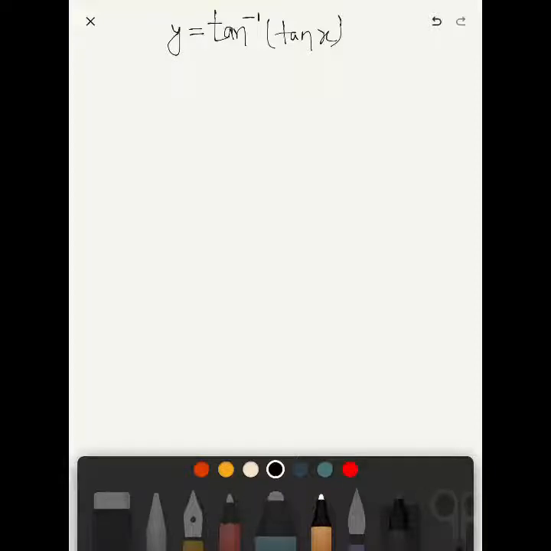See, this function, it decides the boundary, isn't it? Your boundary is what? Open bracket minus pi by 2 to pi by 2, means minus pi by 2 and pi by 2 are not included, and this is what?